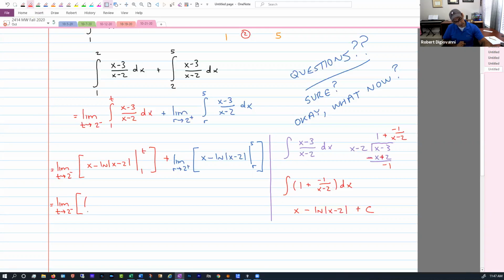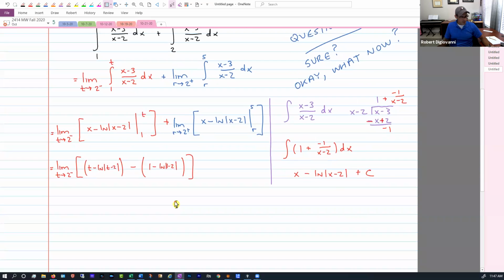Okay, plugging in my 2 endpoints. Plug in t, so t minus natural log of t minus 2. And plug in 1, I get 1 minus natural log of 1 minus 2. Do you all see that on the first one, this goes to 2 minus the natural log of the absolute value of 0?